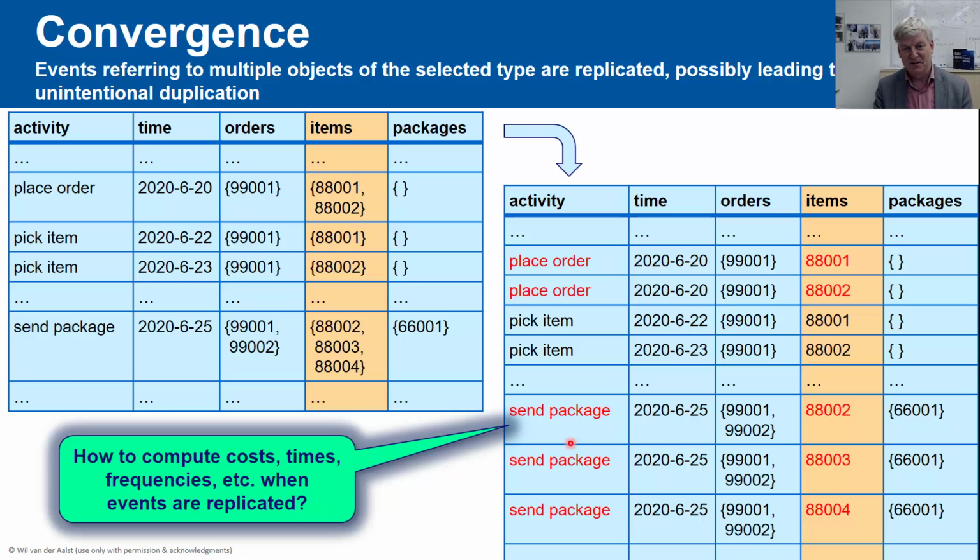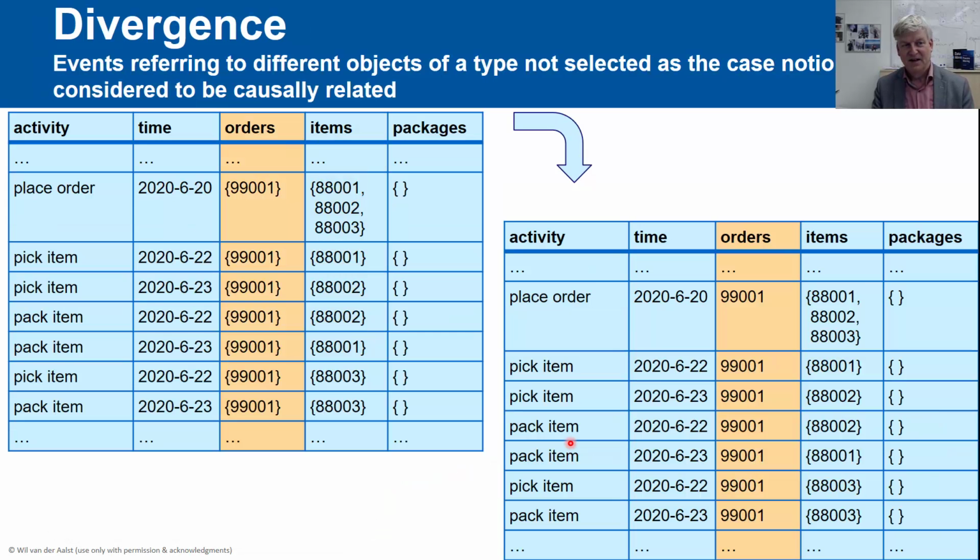Also, if we think about waiting times, it becomes undefined what waiting times really are if it refers to multiple objects. Then there is a problem of divergence that is more complicated. Here I picked order as my case identifier, and at first glance this looks very good because in this particular example every event refers to only one order, so we are not duplicating things.